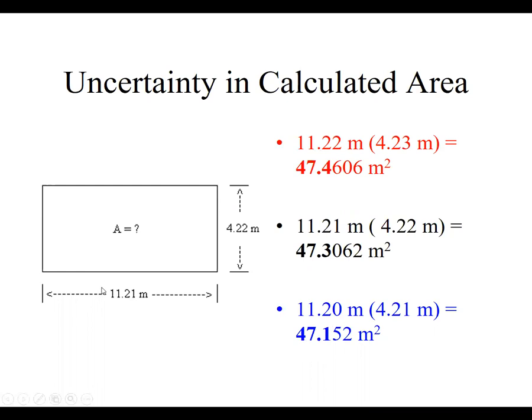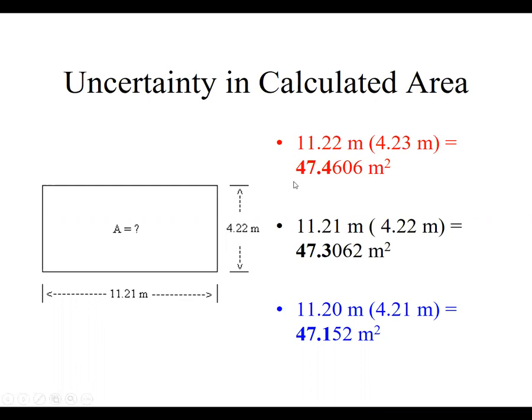And so I said that value that was nominally recorded as 11.21 meters could be as small as 11.20 meters or as big as 11.22 meters. And likewise, the width, which has a nominal value of 4.22 meters, could be as small as 4.21 meters and as large as 4.23 meters.